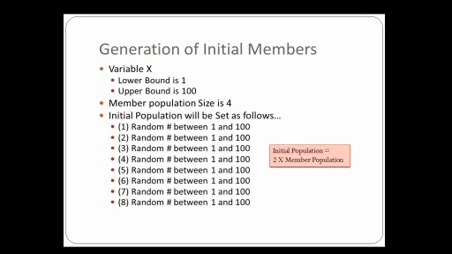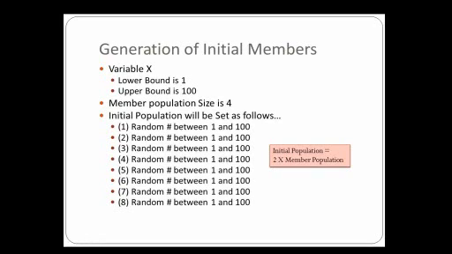Let's set the member population to have a size of 4. The first 8 initial members we'd get because the population size is 4, and we'd want twice the number of the member population. So we'll come up with 8 random scenarios to test.